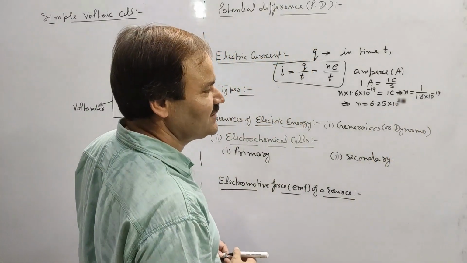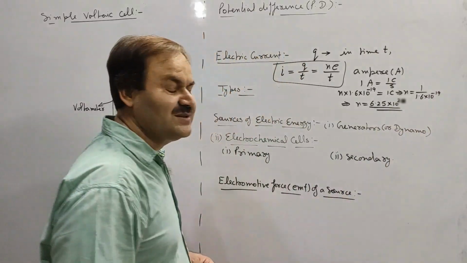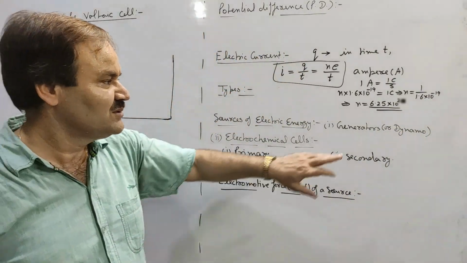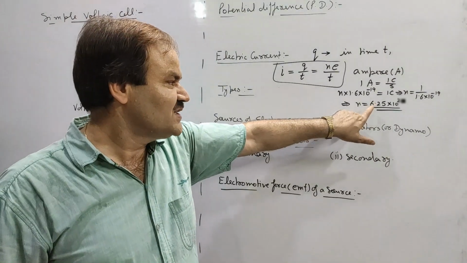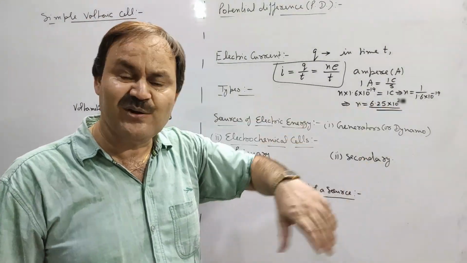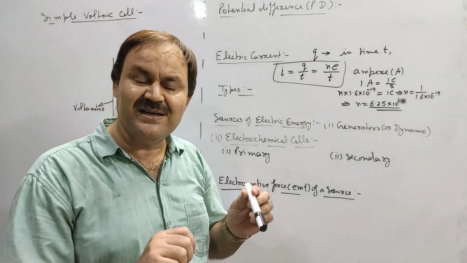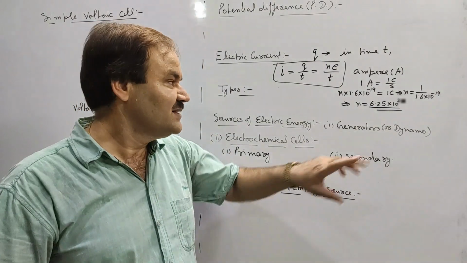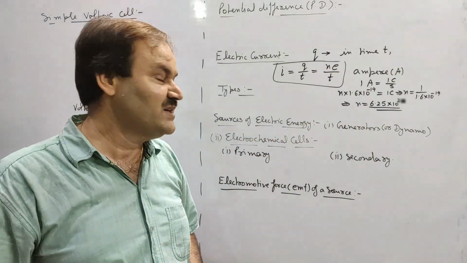It means this will be the number of electrons that constitute 1 coulomb of charge. So if 6.25 into 10 to the power 18 electrons pass through any section of a metallic conductor in 1 second, then the current flowing through that conductor will be 1 ampere.